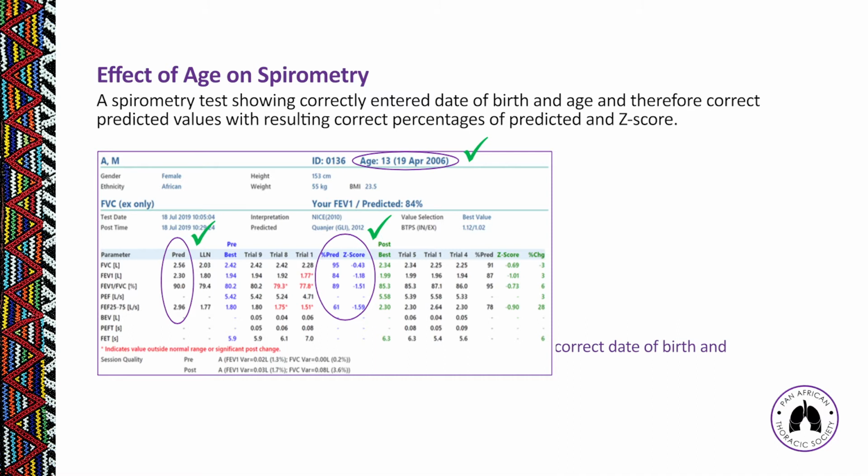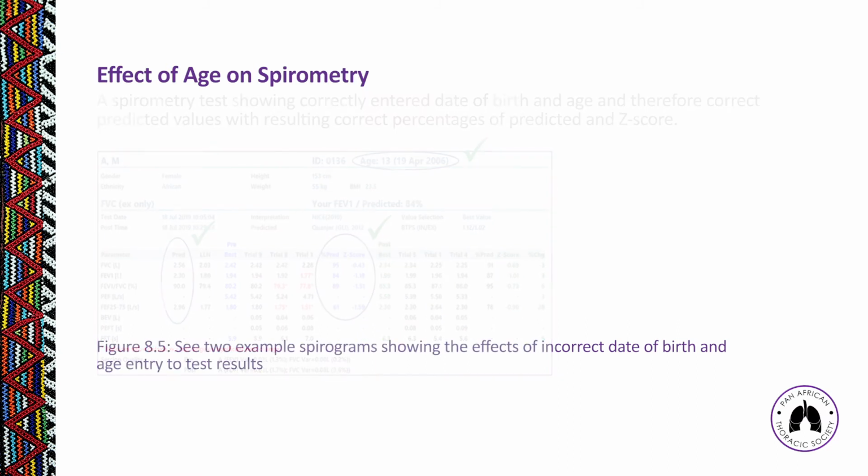If you look carefully, the predicted value for FVC is 2.56, the FEV1 is 2.30, and the Z-score is minus 0.43 for FVC, and for FEV1 it is minus 1.18. Now try and keep that in the back of your head. So predicteds are 2.56 and 2.30, and the Z-scores are minus 0.43 and minus 1.18.